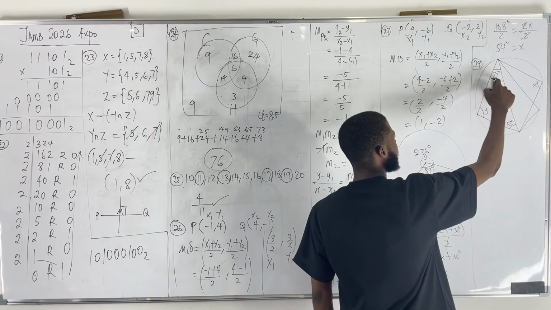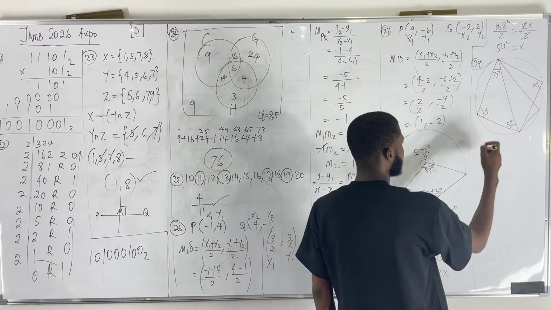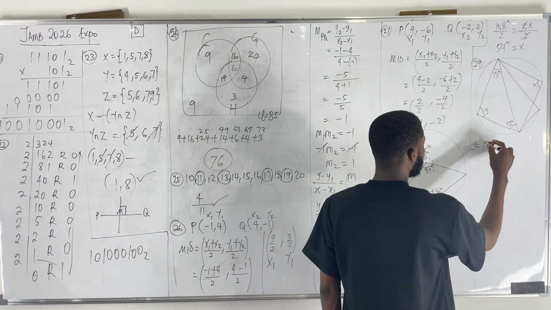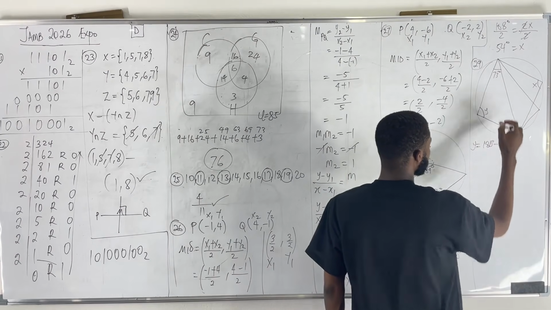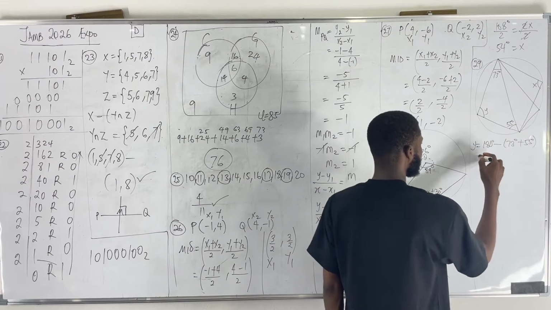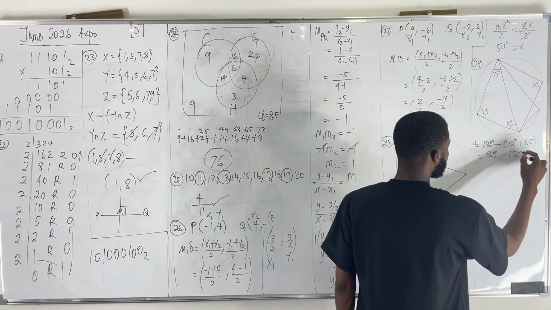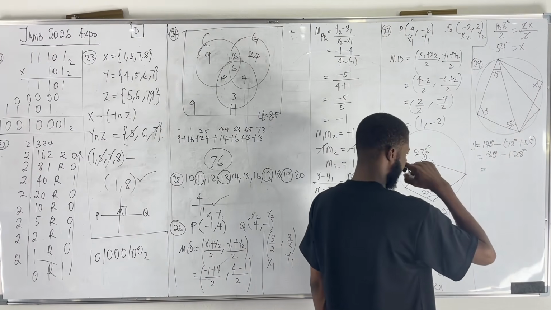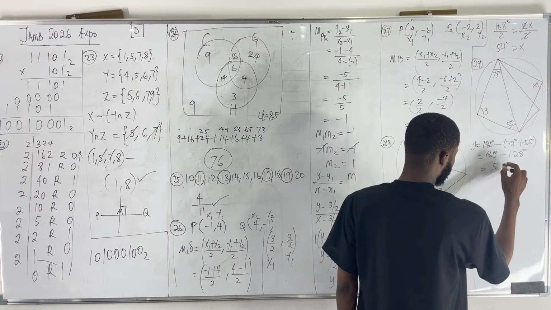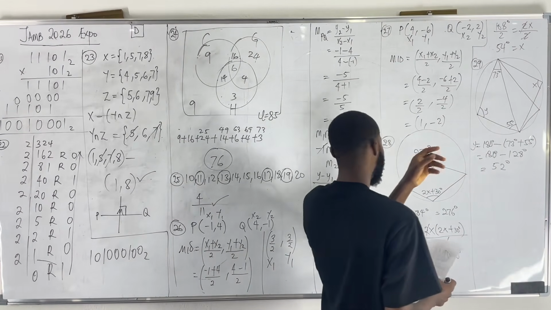So it means when you do 73 plus 55 plus y, we must get 180. So to get y, this is 180 degrees minus 73 plus 55. So this is 180 minus, this will give us 128. So when you subtract this, you're going to be getting 52 degrees, if I'm not mistaken, 52 degrees.